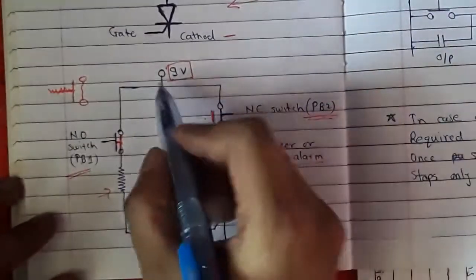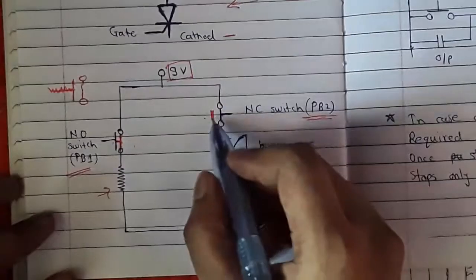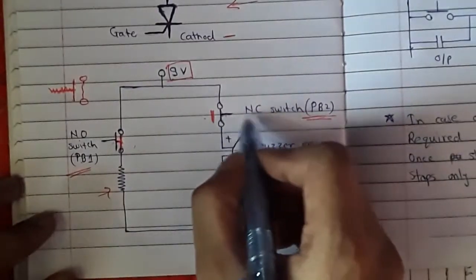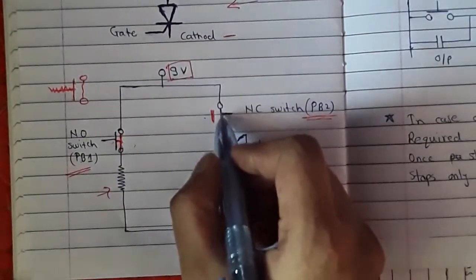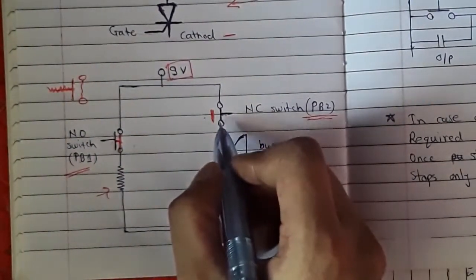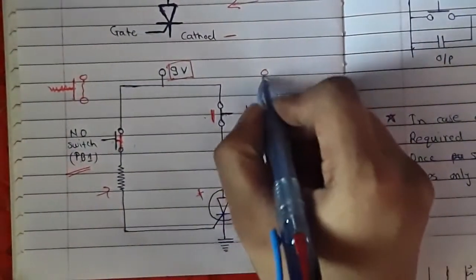Contact with the power, that is 9-volt battery, is disabled when we push this normally closed switch and it reaches here. When we release it, it reaches to its initial position here, that is this is a normally closed.